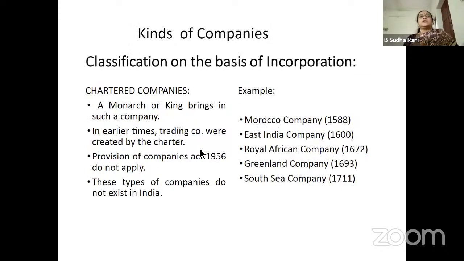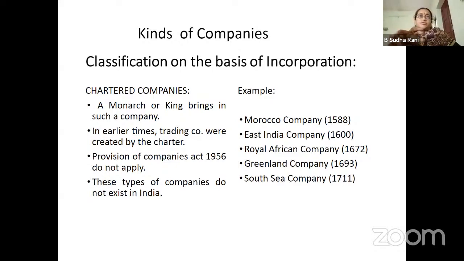Okay, the next one we have is chartered companies. Chartered companies means companies which are formed by special act of the king or kingdom. Generally, in the days of kings and kingdoms, during British rule, we had the East India Company.